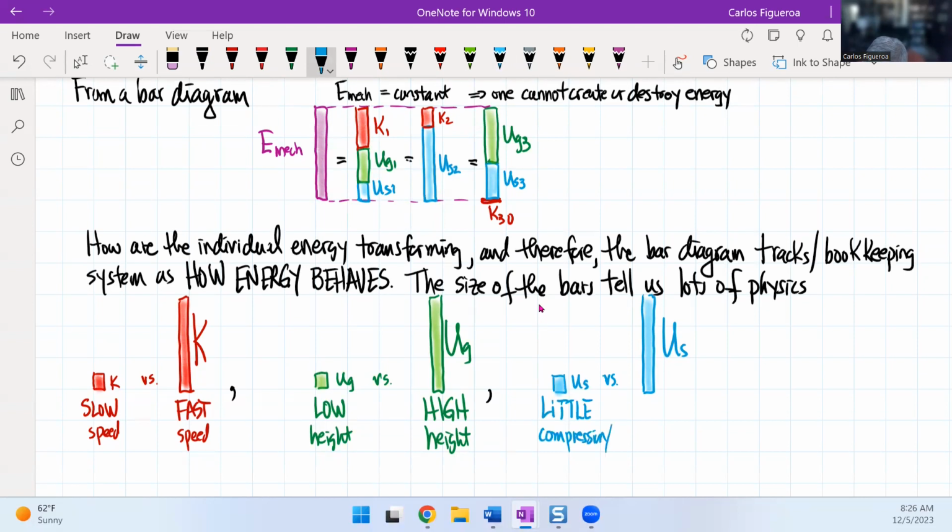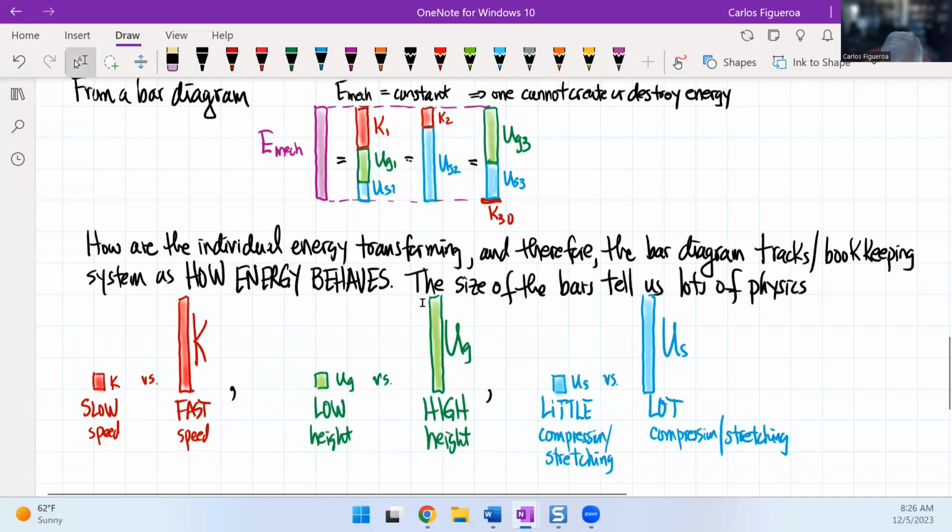And you know what? I should also say, or little stretching. On this hand, we have a lot of compression or stretching. That's why it's so important to keep track of these energies here.